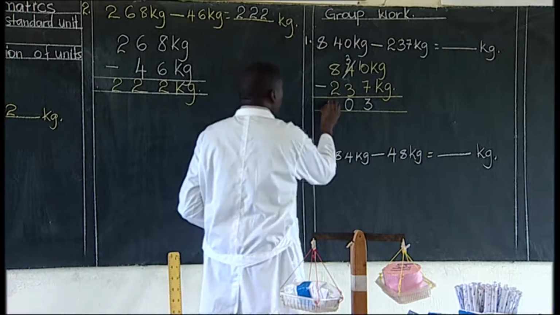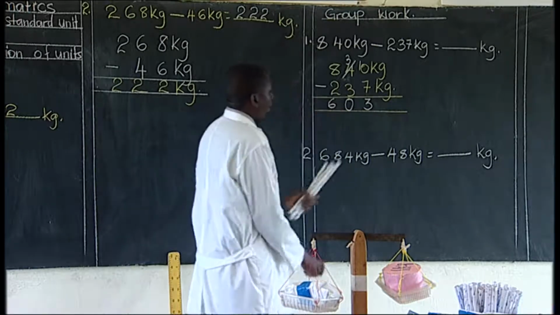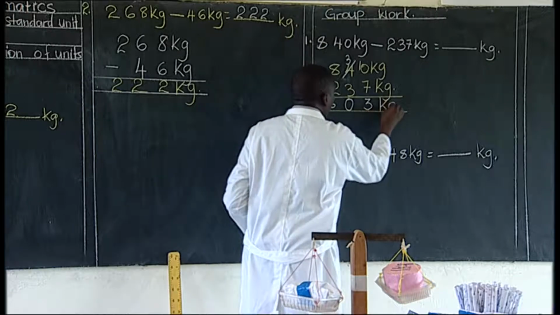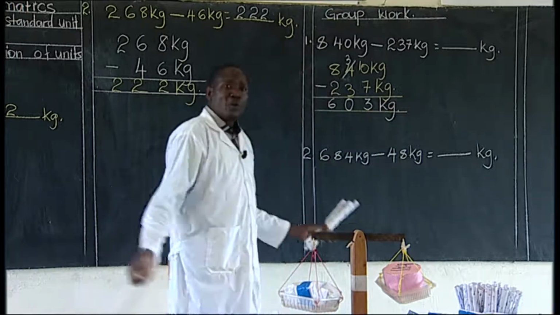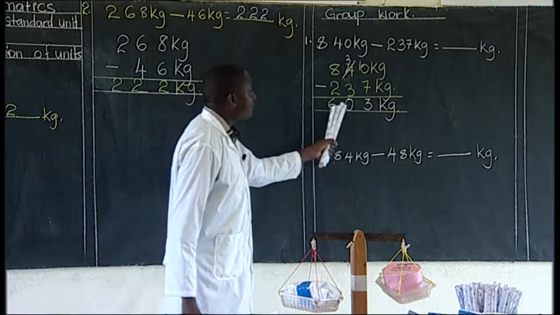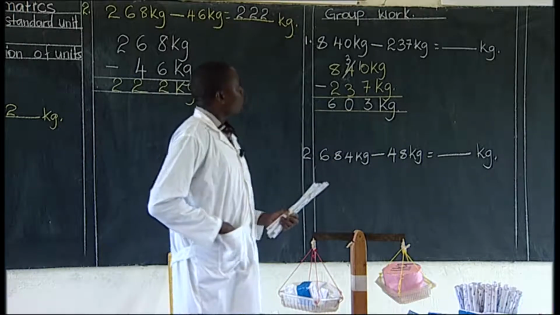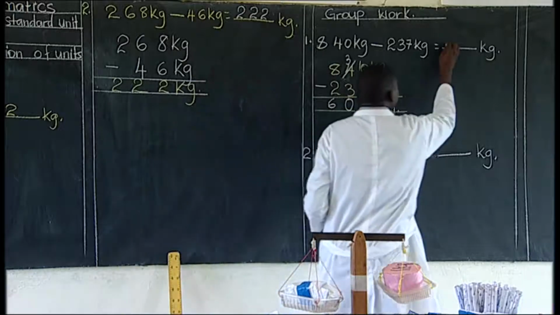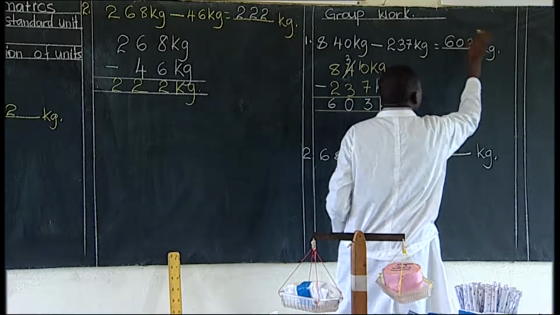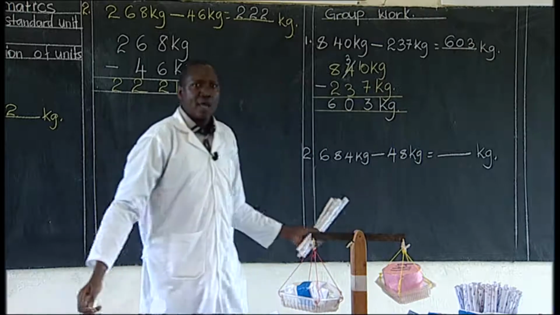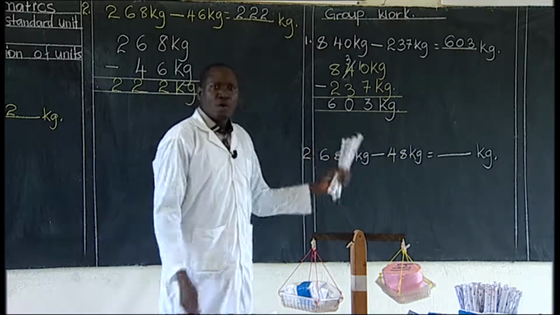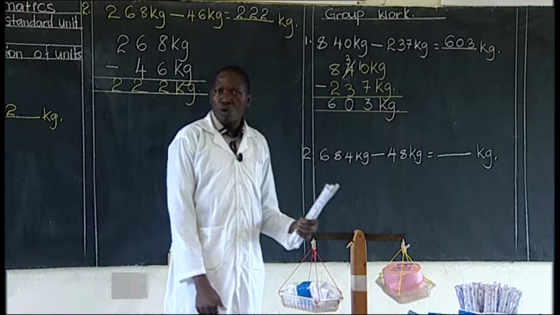So we shall put here 6. And add here kilograms. What do we have? We have 603 kilograms. Are you there? So up here, we shall put 603 kilograms. Did you get this? Wonderful. You are so good.